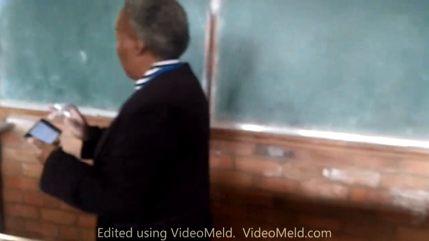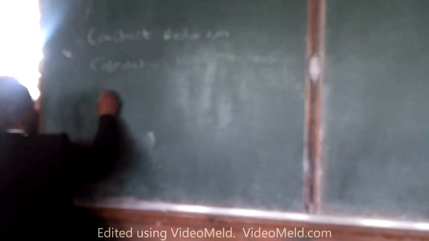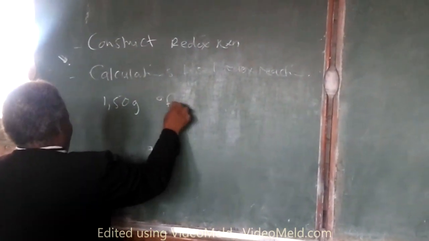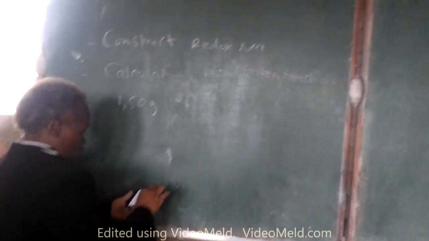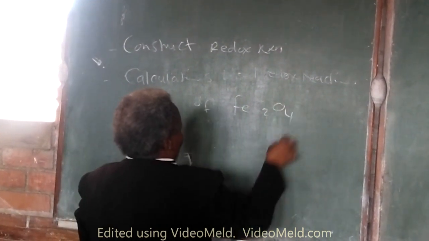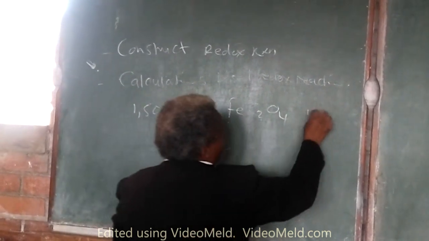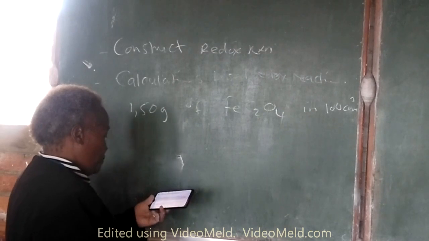a 1,50 gram sample. The important information, let's extract that. 1,50 grams of anhydrous iron 2-ethane dioxide, FeC2O4, was dissolved in 100 cubic centimeters of water.